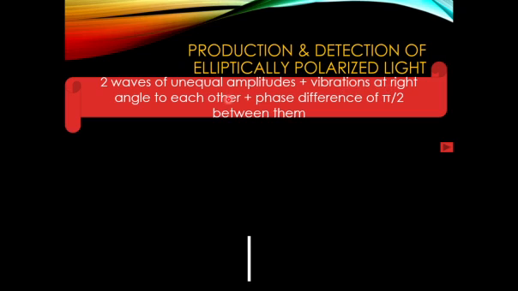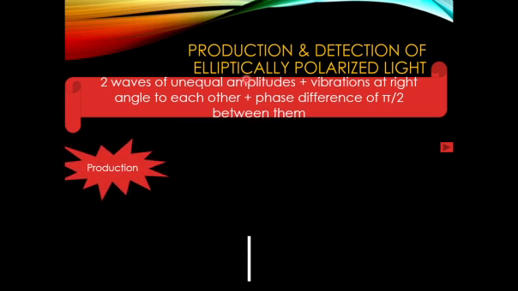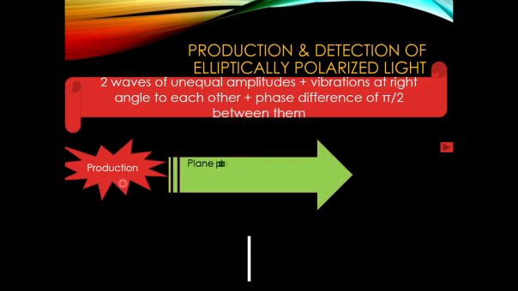That means they must be orthogonal to each other, and they must have a phase difference of 90 degrees or pi by 2 radians between them. So these are the conditions for getting elliptically polarized light, the theory of which has been seen in earlier classes.